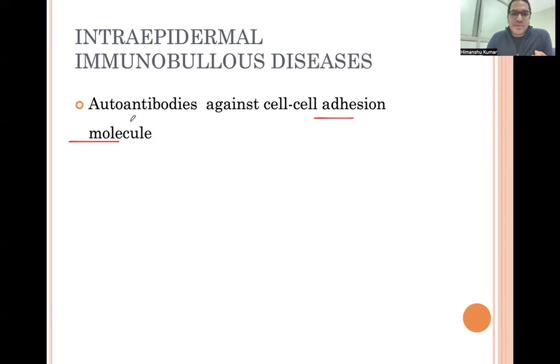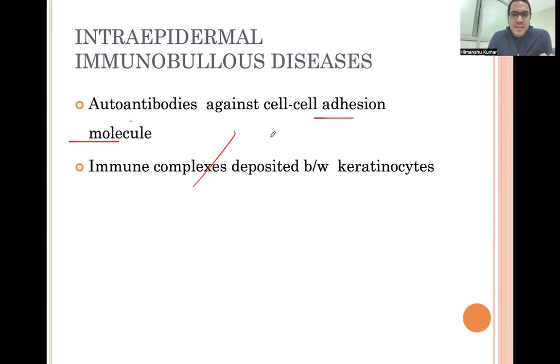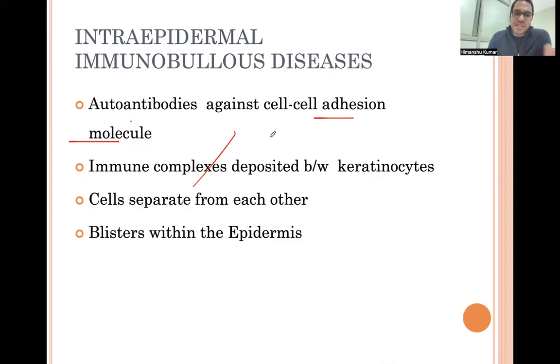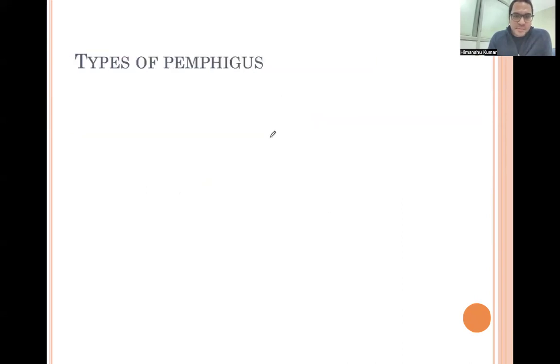When antibodies form against these molecules, the keratinocytes tend to separate and move away from each other. It causes blisters because of accumulation of fluid between the cell spaces. Then there is also immune complex deposition, which also causes disruption in keratinocyte adhesion. Cells separate from each other and then blisters form within the epidermis.